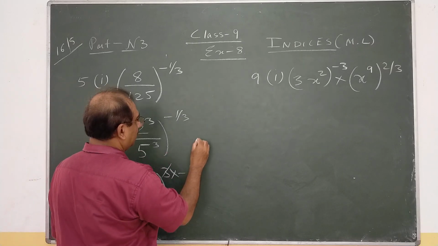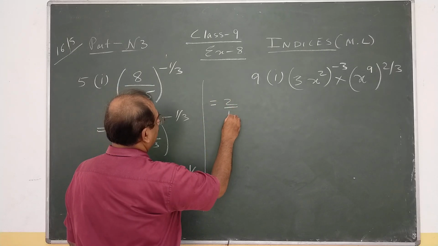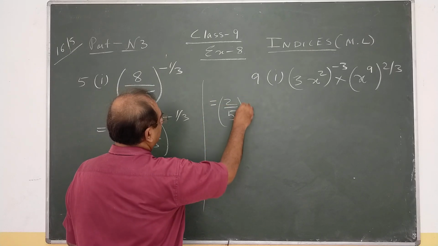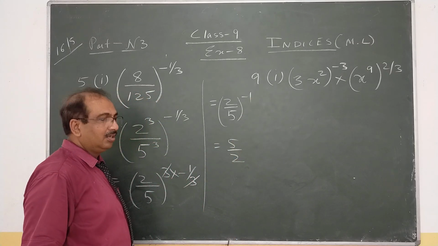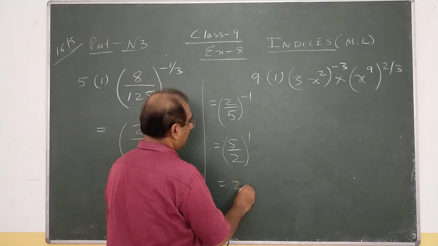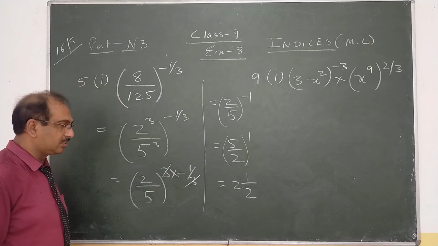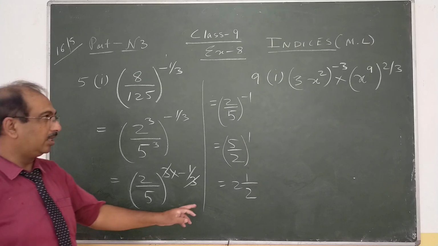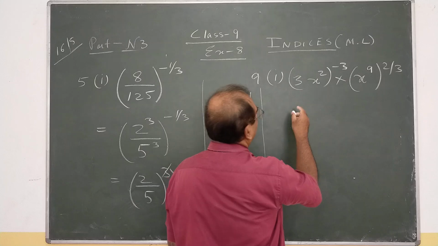So finally what we have is 2 by 5 to the power minus 1. I said before, interchange the numerator and denominator and you get the positive power. So the answer is 2.5.